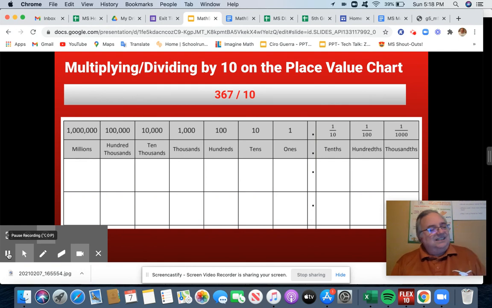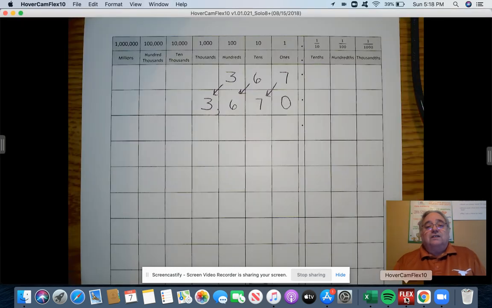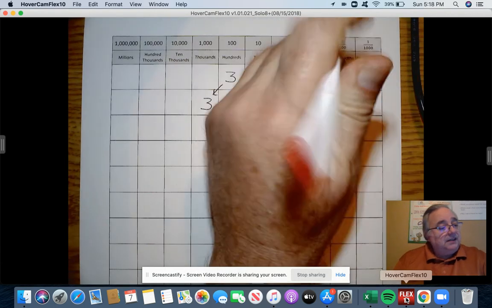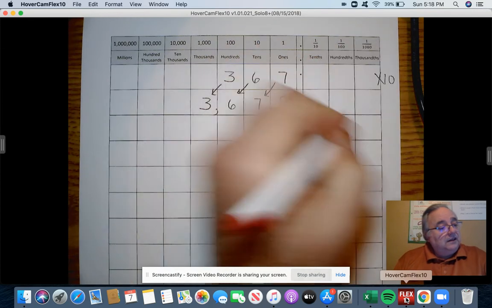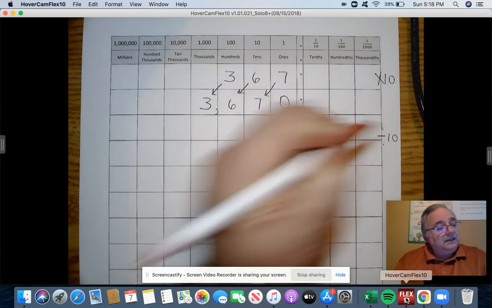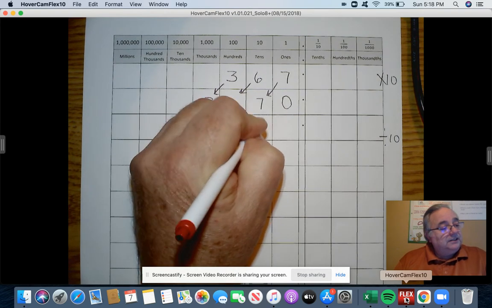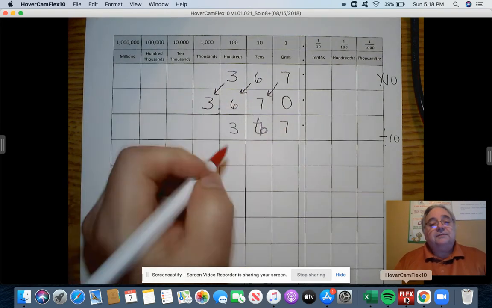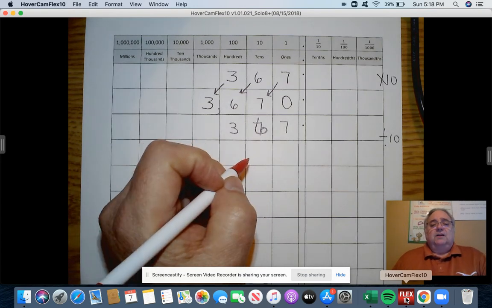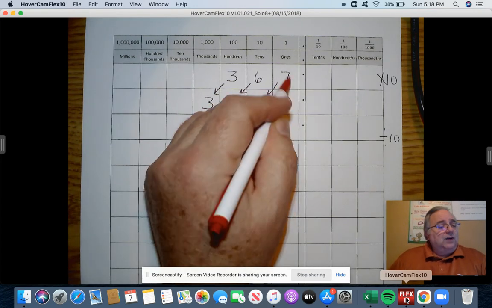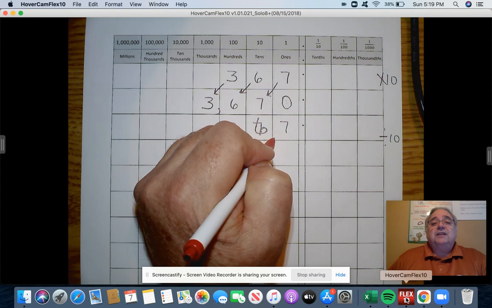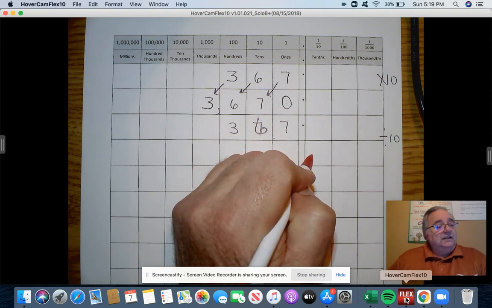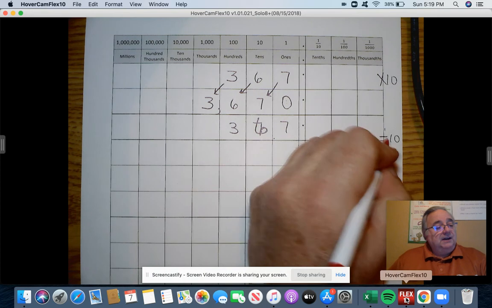Excellent! Yes, let me go over to my flex cam so that we can work this out. This one was times 10. Now this one here, we're going to divide by 10. So we're going to take 367, excuse me. So we're going to divide by 10, which means that I'm going to move my place value over 1/10, because I'm dividing by 10.